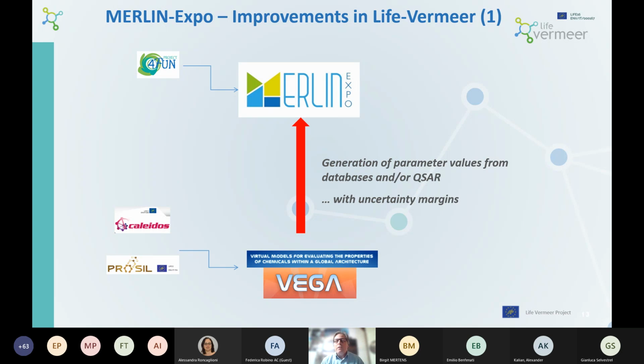In this case, you can call VEGA directly, and VEGA will find the right model for bioconcentration factor. The VEGA model will run and will return a value for the requested parameter. And now the parameter value is available, and you can run the Merlin Expo tool.